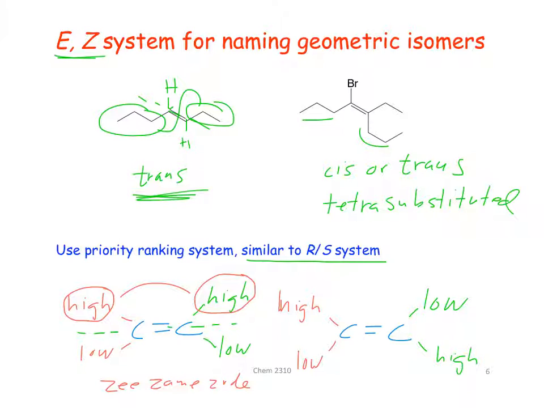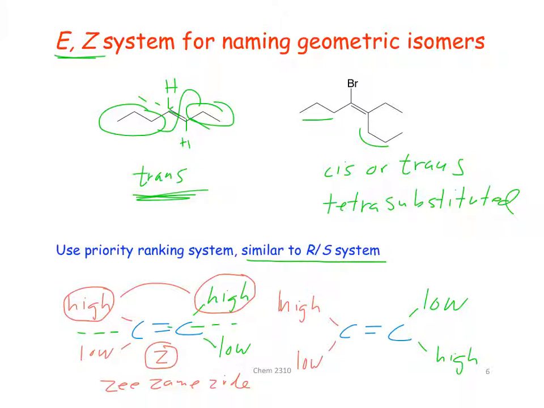So we're speaking German here, of course. And so we call this a Z alkene. Actually, it stands for zusammen, which means on the same side in German. But this is a little trick to remember it.